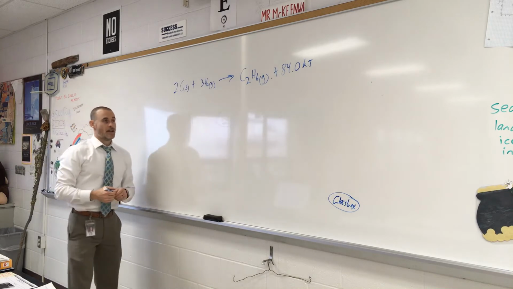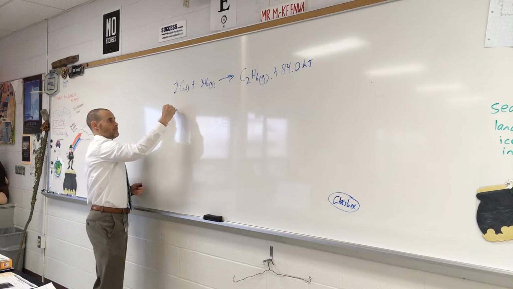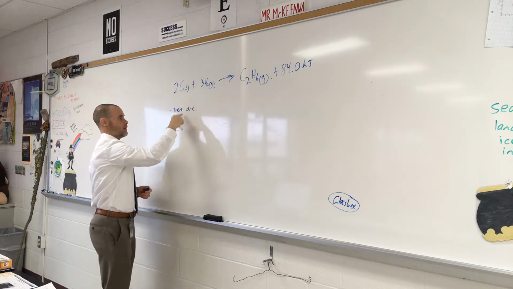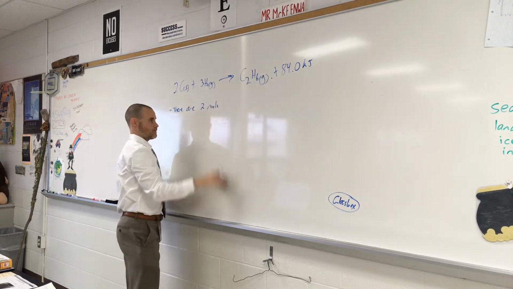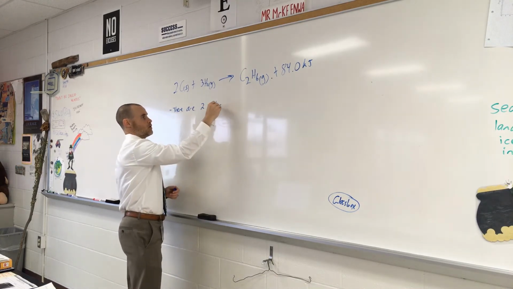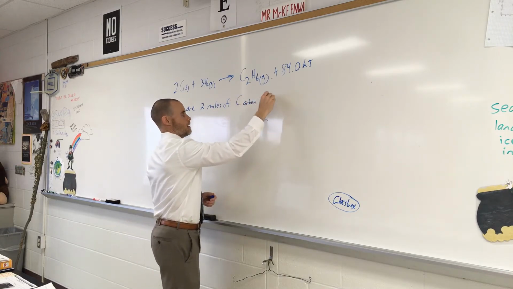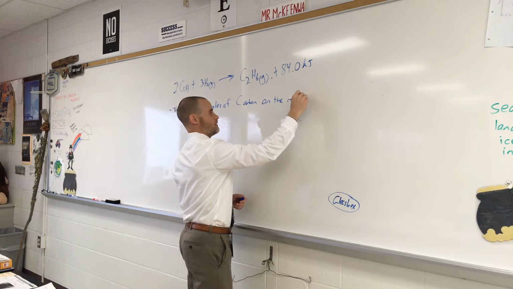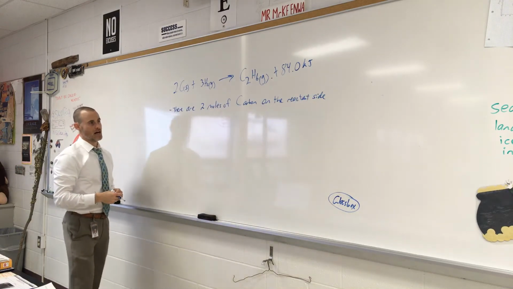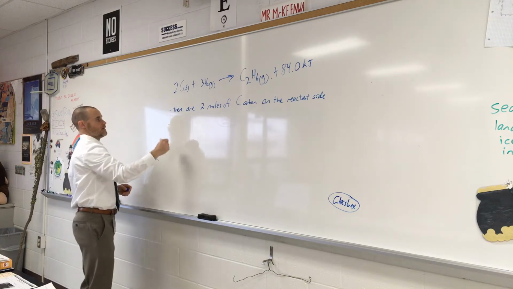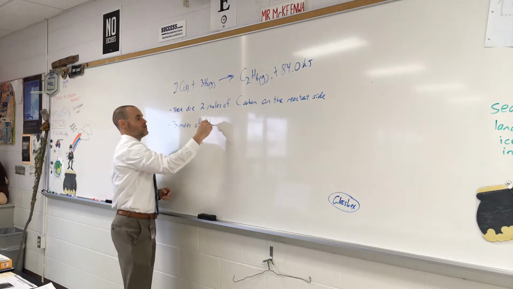Now, here's what you're going to write underneath this. In this reaction, write this down, there are 2 moles of carbon on the reactant side. There are 3 moles of H2 gas on the reactant side.